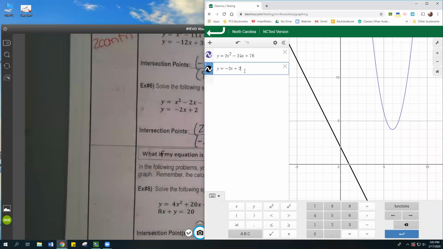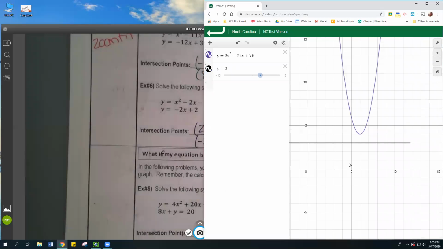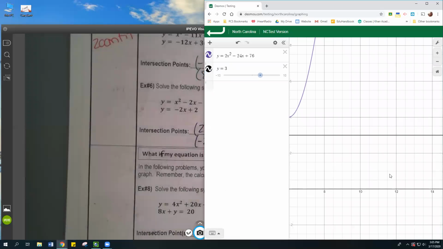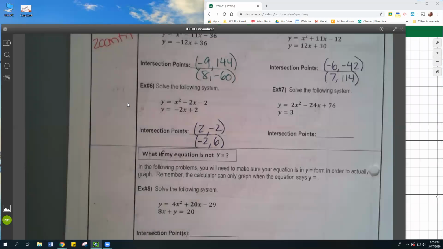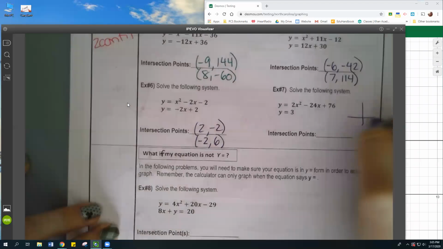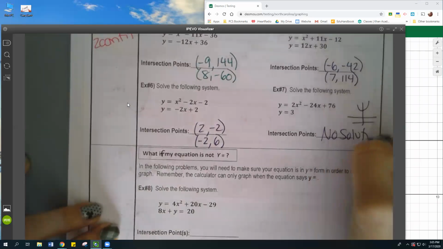And then this bottom one is just going to be a horizontal line at y equals 3. So check this out. Those two equations are never going to cross each other. Your quadratic is up here and your linear is down here. So that means for our intersection points, there is no solution.